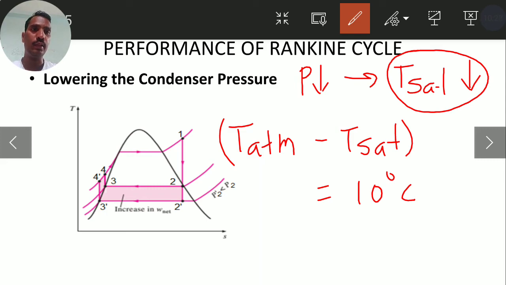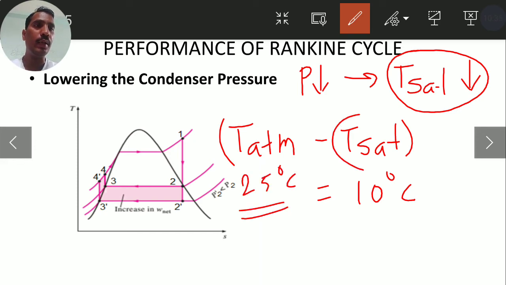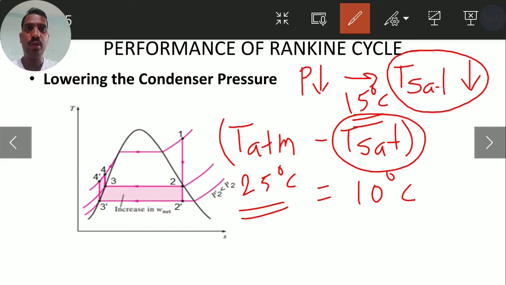If the atmospheric temperature is 25 degrees Celsius, then T saturated must be 15 degrees Celsius for good heat transfer between the condenser temperature and the atmospheric temperature.